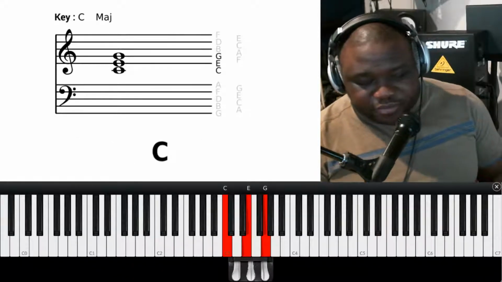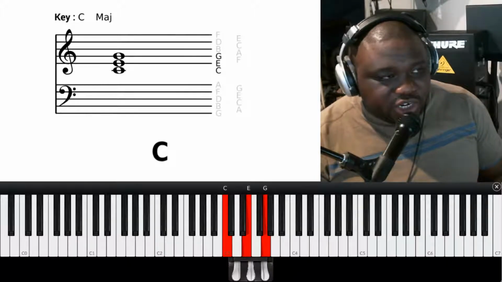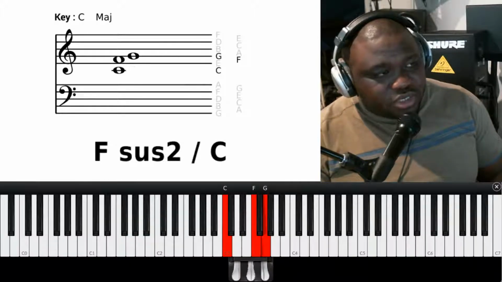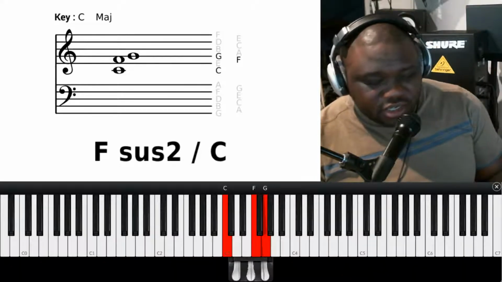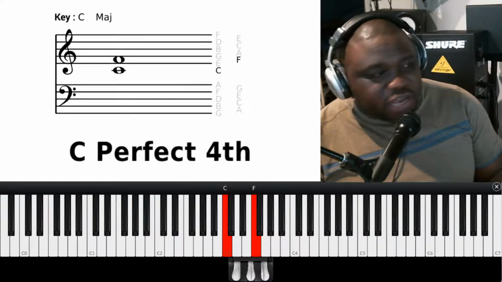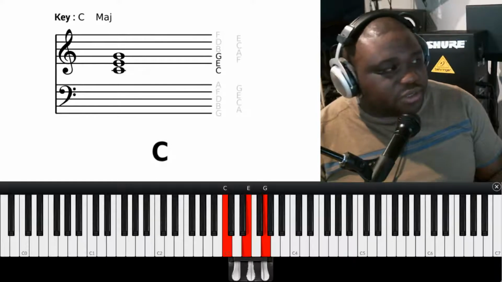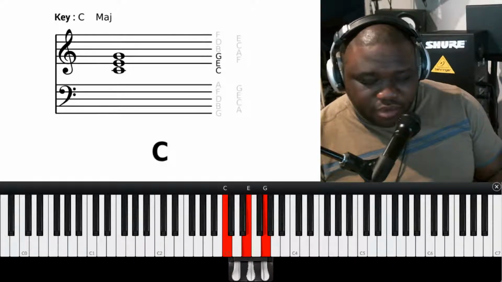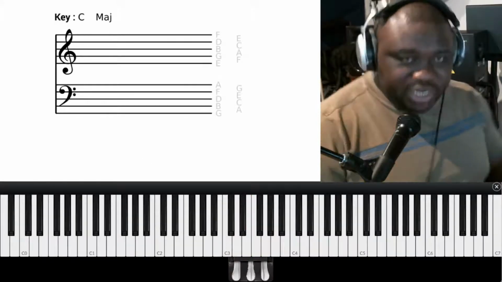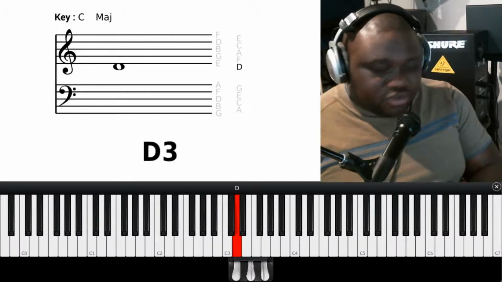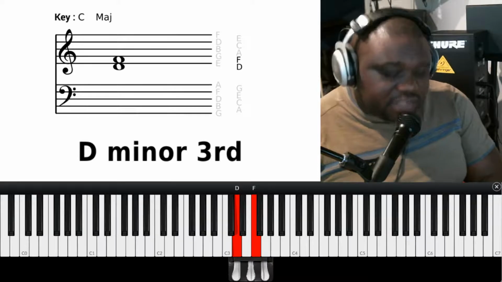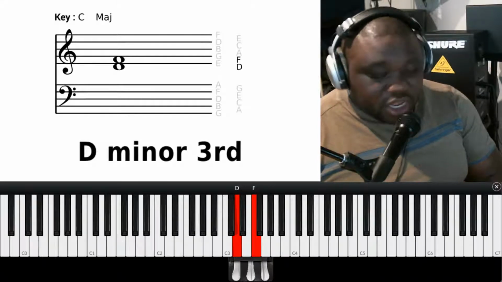Same concept here. We are suspending you to this here. Sometimes my keyboard makes it look different, but it's the same thing. All right. So that's what that suspended 2 and suspended 4 stands for. This 2 and this 4.